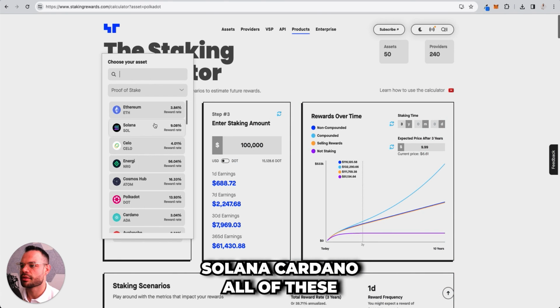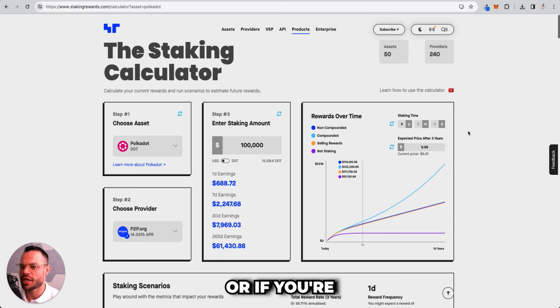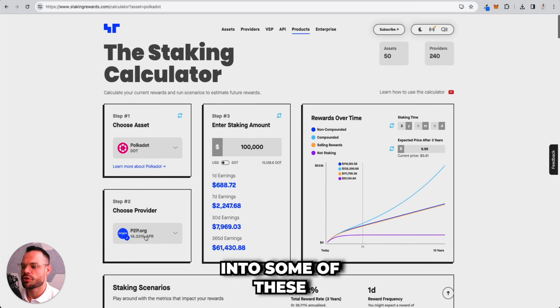All of these cryptos already offer staking rewards. So if you're holding them on an exchange or in a wallet that's not earning rewards, you may as well be adding them into some of these staking providers and earning rewards for holding your crypto.